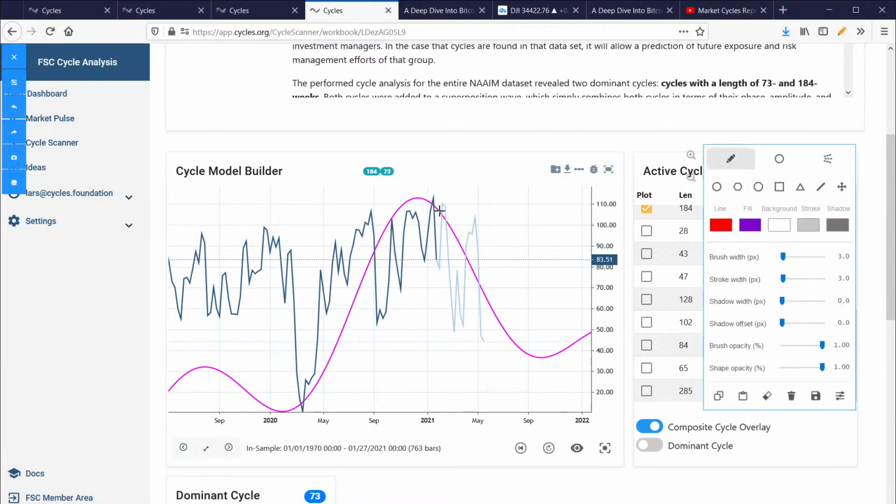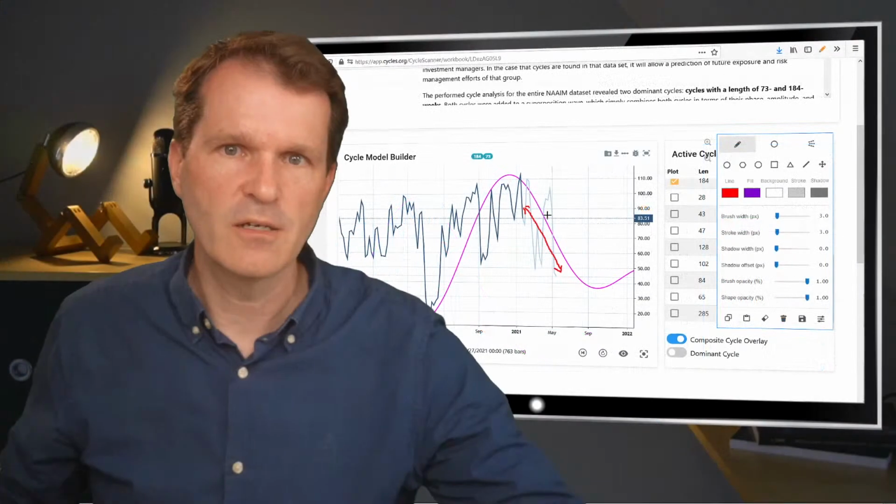We projected that at this point in time the exposure will go down, which means they will reduce their bullishness, which obviously also exactly happened, as I show here on the chart, because the light blue is the new data after we did the projection. So the exposure has moved down exactly as projected here.